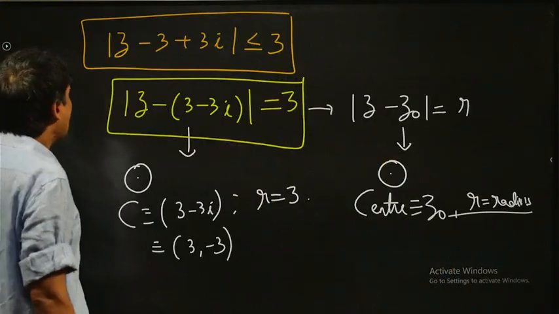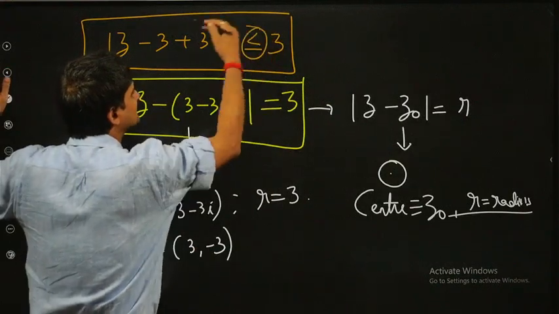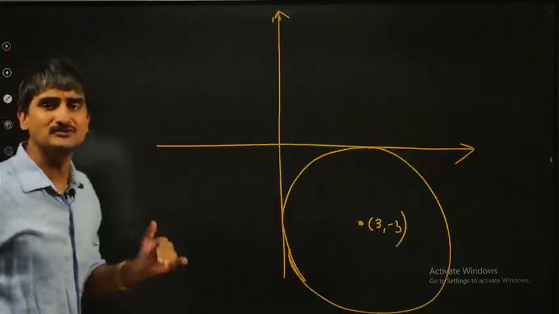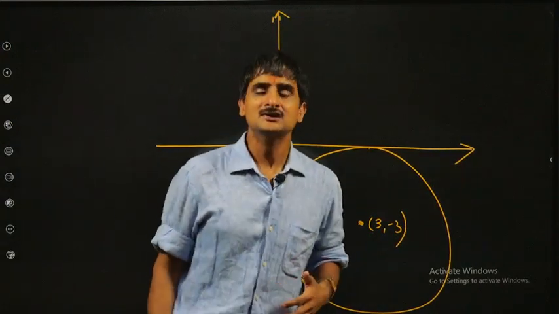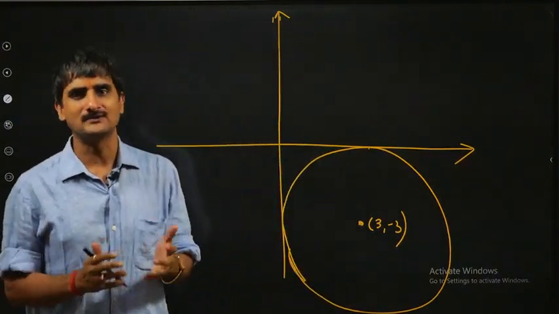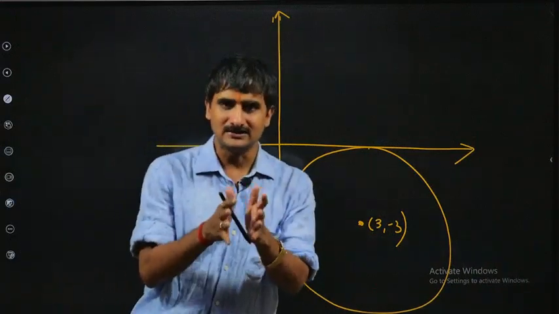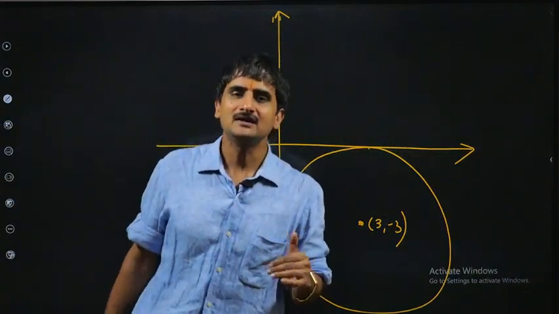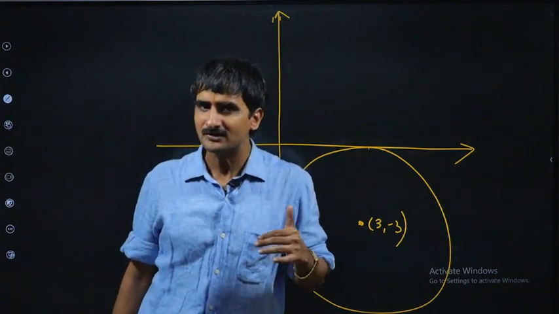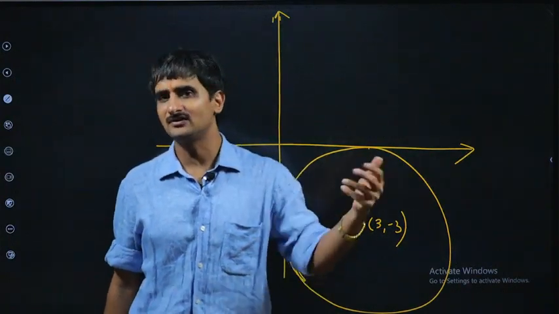Now we have this inequality which is less than or equal to 0. That's why I always suggest to go for equal to 0, because equality gives us a curve, and then inequality will give us a region either inside the curve or outside the curve.